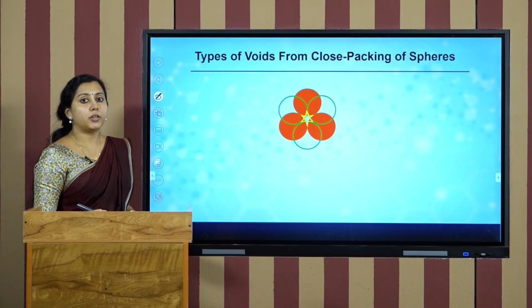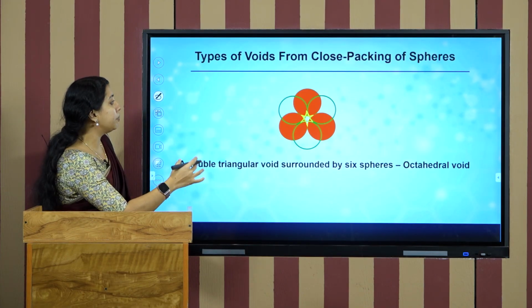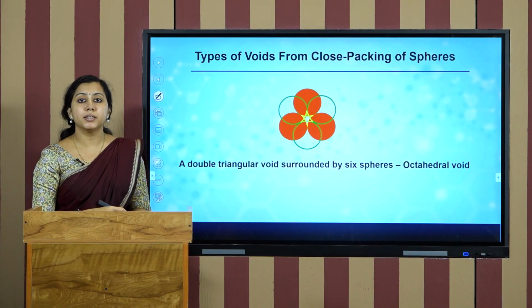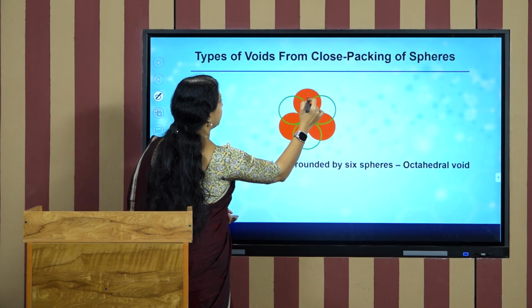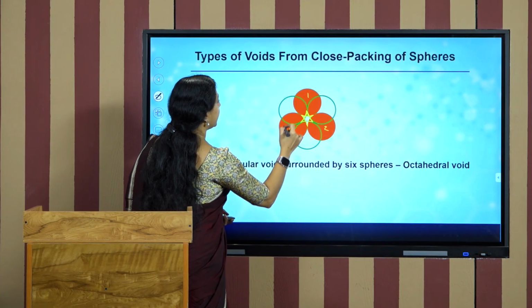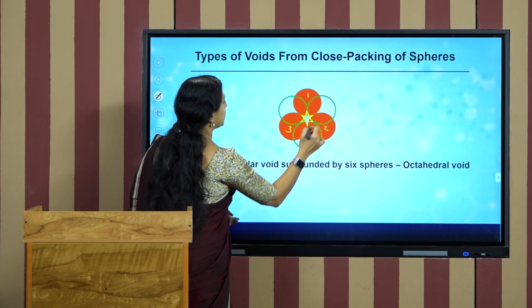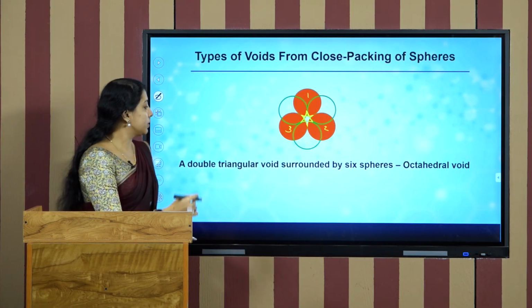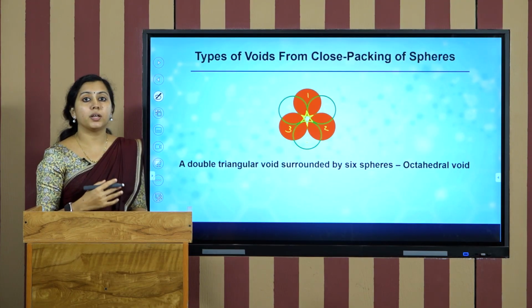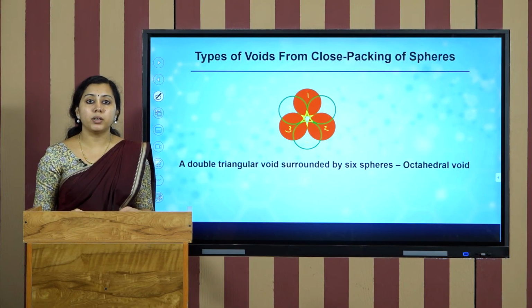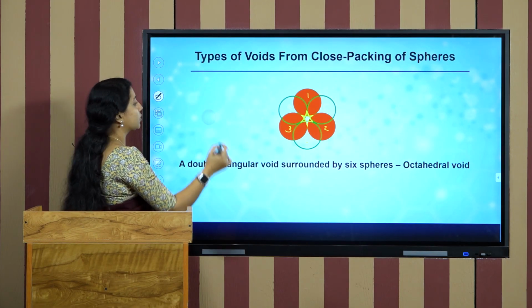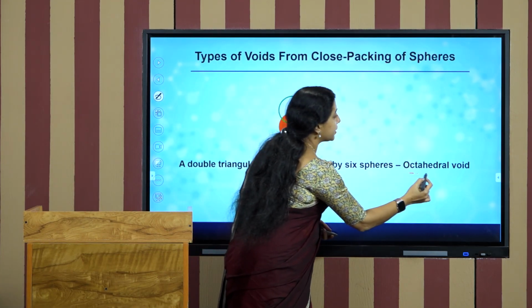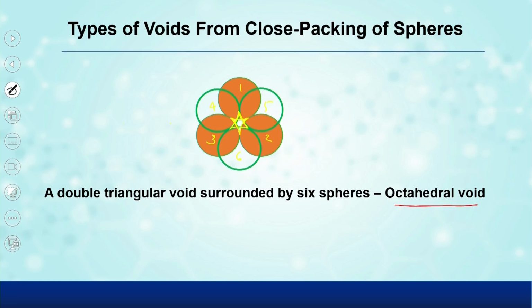Here you can see that a double triangular void is formed surrounded by 6 spheres: 1, 2, 3 and another layer of 3 spheres. This is a double triangular void which is surrounded by 6 spheres, and such a void is called an octahedral void.